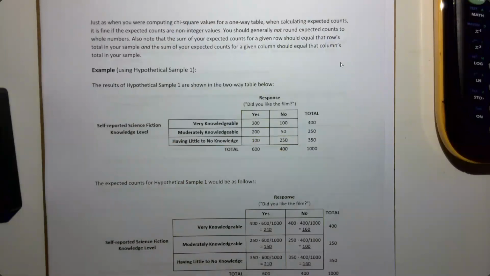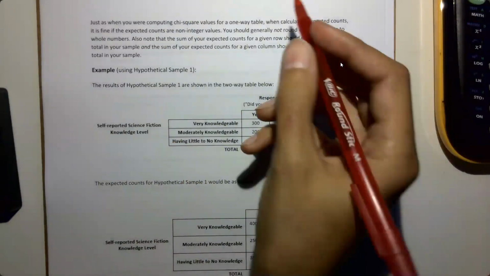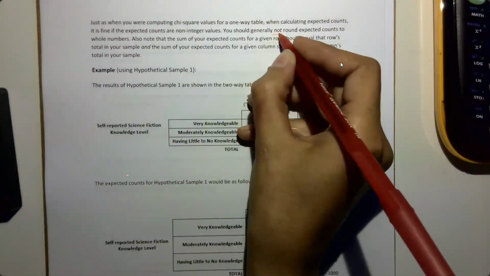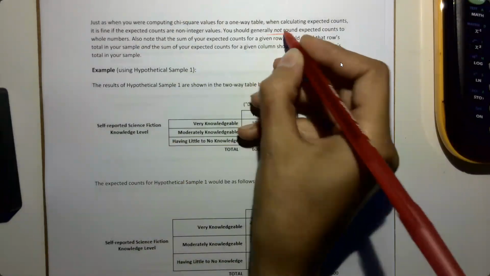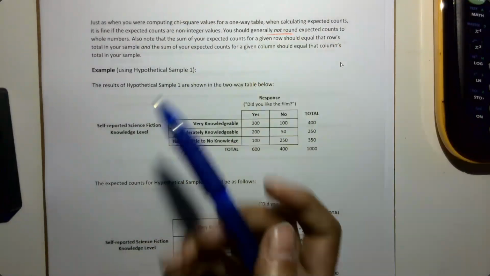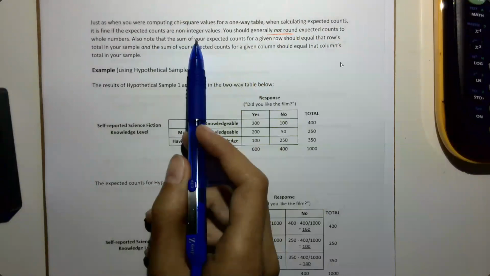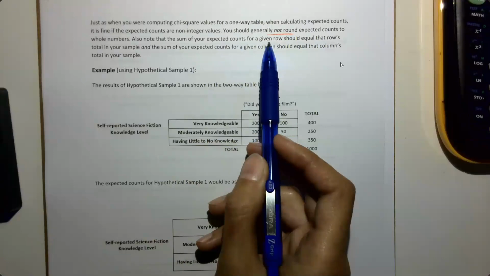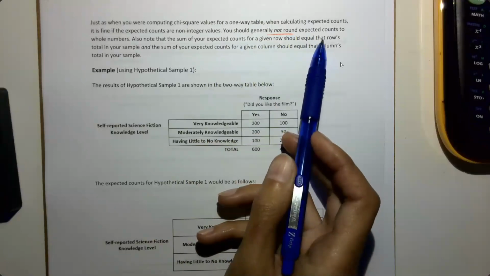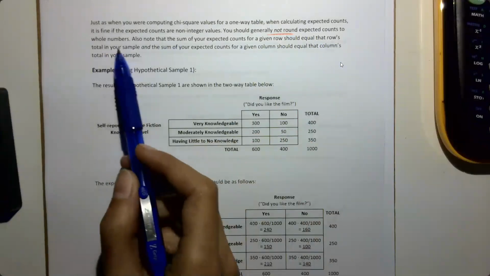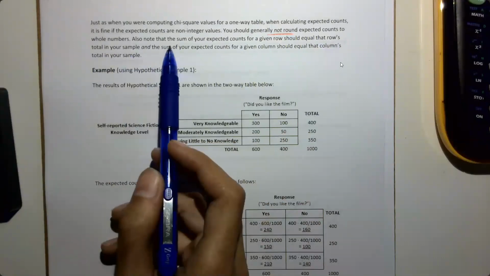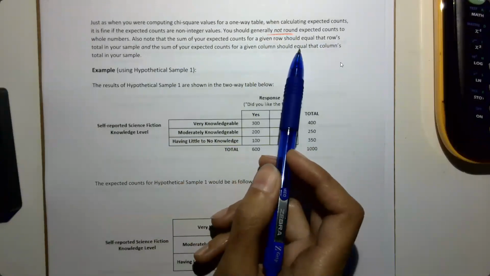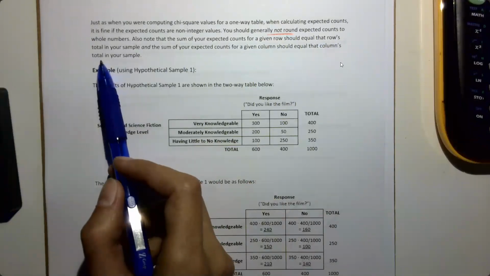So if you do the division and you don't get an integer, that's fine. Do not round the expected counts. Also note that the sum of your expected counts for a given row should equal that row's total in your sample, and the sum of your expected counts for a given column should equal that column's total in your sample.